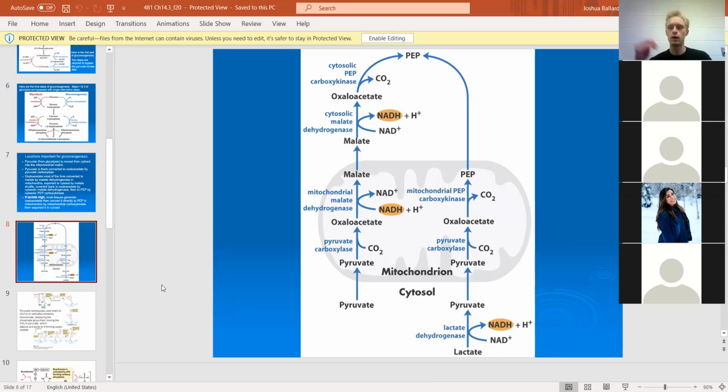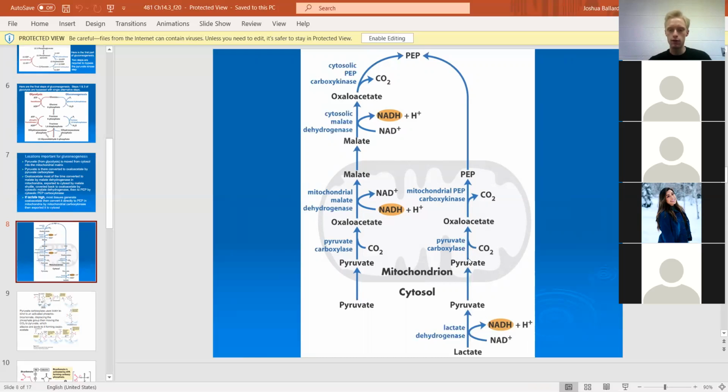And we remember from our lactate dehydrogenase discussion that under anaerobic conditions, the reason lactate is made is to regenerate NAD plus molecules. So in this case, we're doing the opposite. We're using NAD plus to create pyruvate, and this generates NADH.